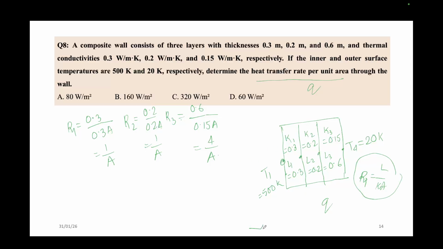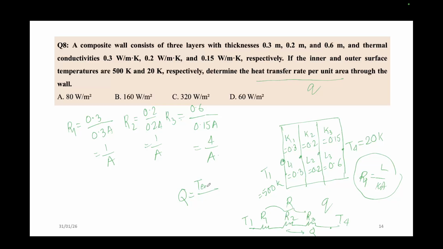The circuit looks like this one: R1, R2, R3. I already know T1 and T4, and Q is here. So if I know the equivalent R, I can find Q. What is Q?